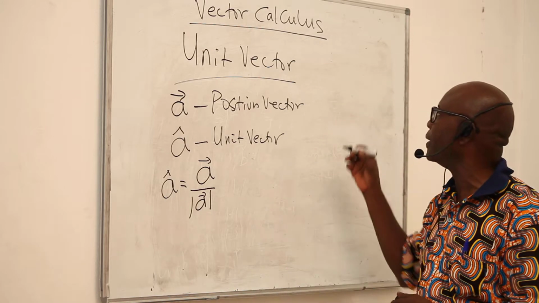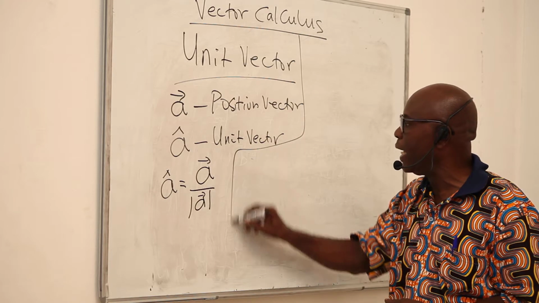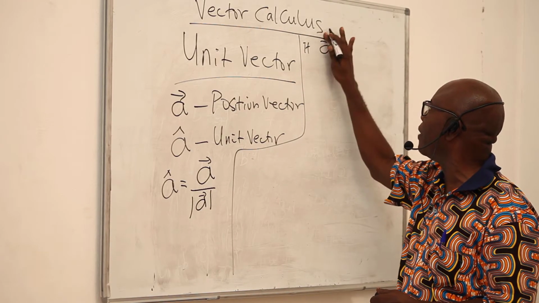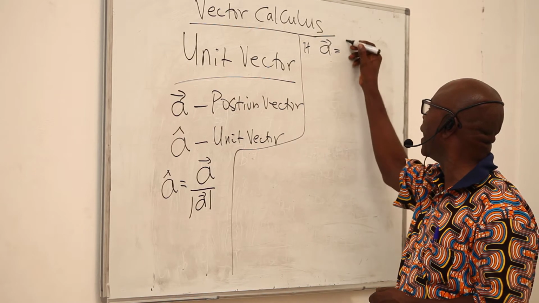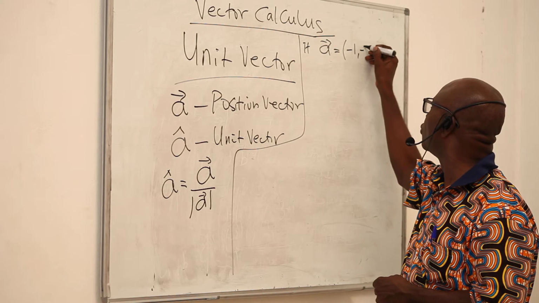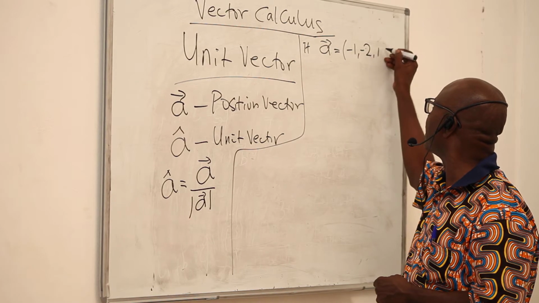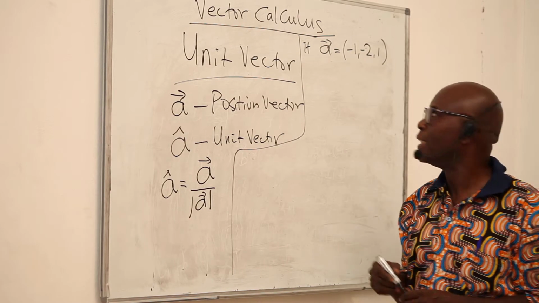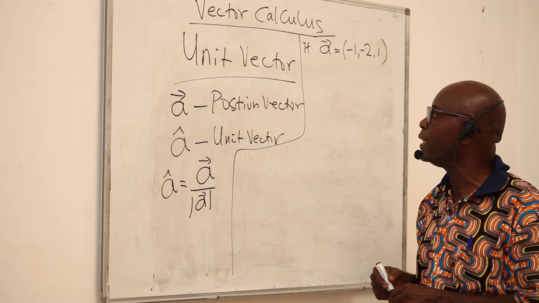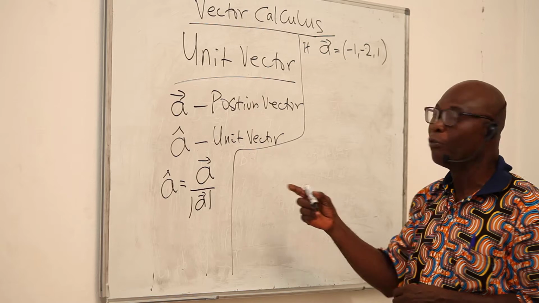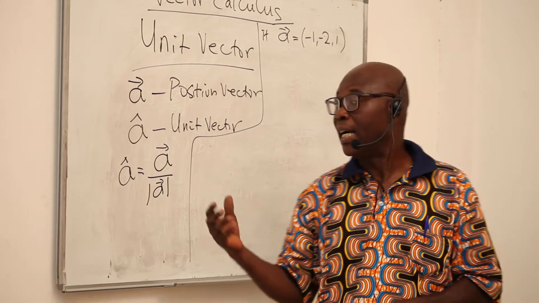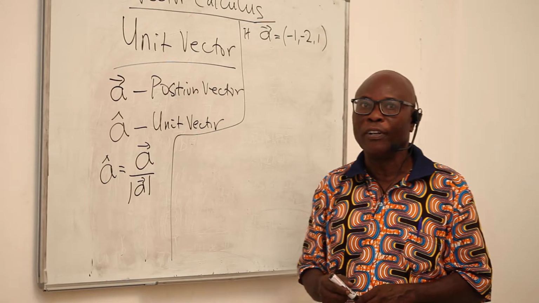So let's take, for example, vector A to be the vector (-1, -2, 1). If you want to find the unit vector, we need to first find the magnitude of the vector.